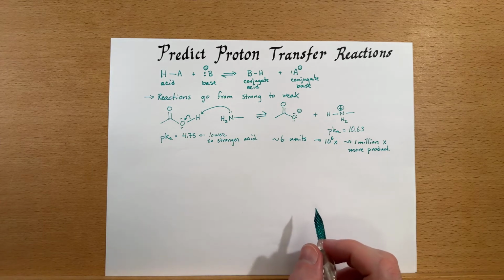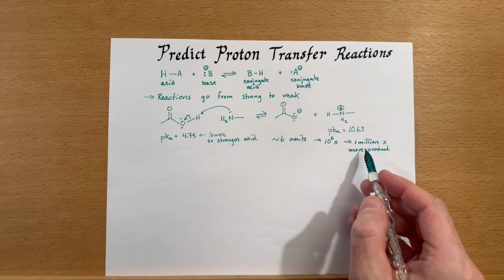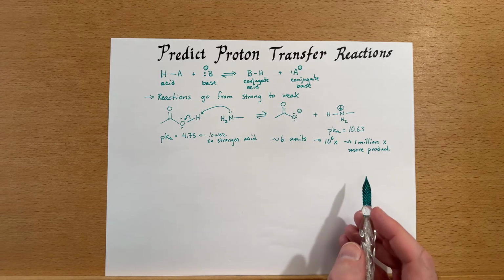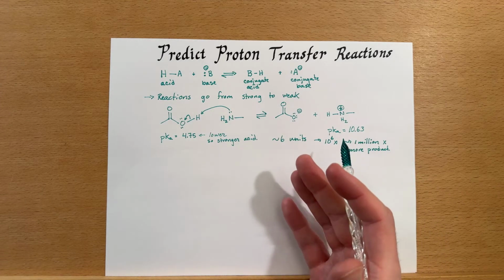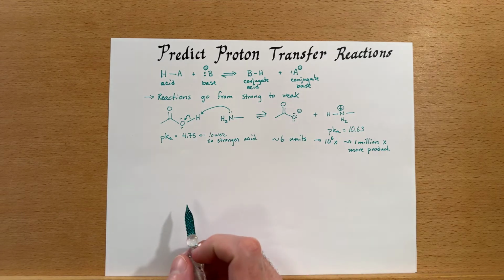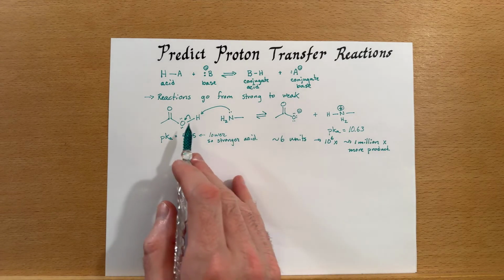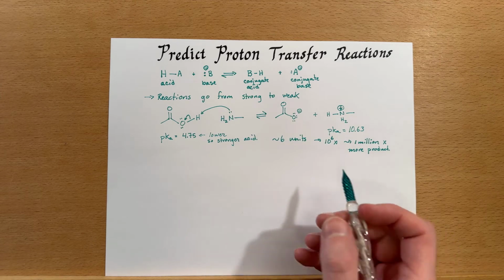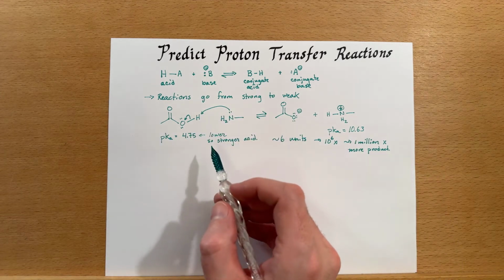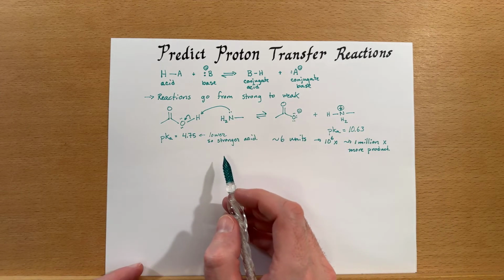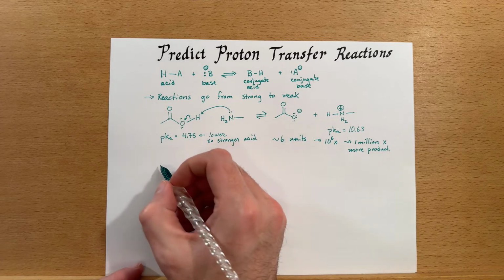So not only can we predict the outcome of the reactions, but we can estimate approximately how much more product we would have at equilibrium than reactants. And so effectively this reaction goes forward because there's very little of the starting material remaining at equilibrium.